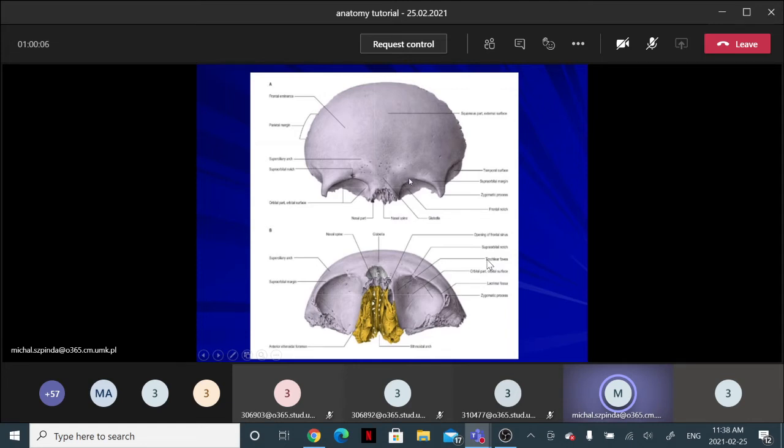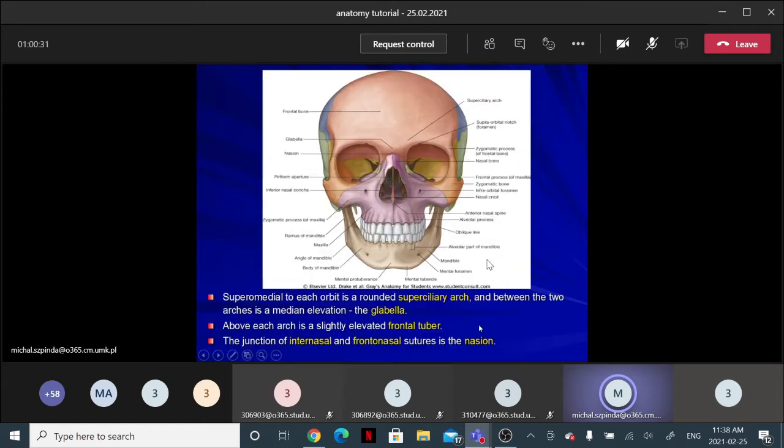The more lateral is the supraorbital notch, and the more medial is the frontal notch. And here, fossa for lacrimal gland and either trochlear fovea or trochlear spine with no difference.